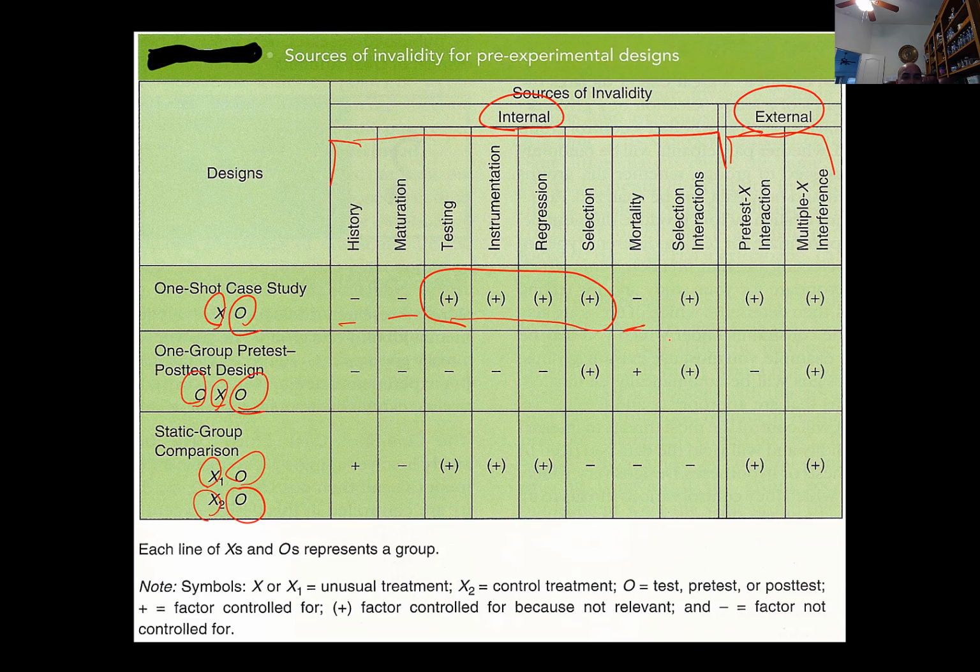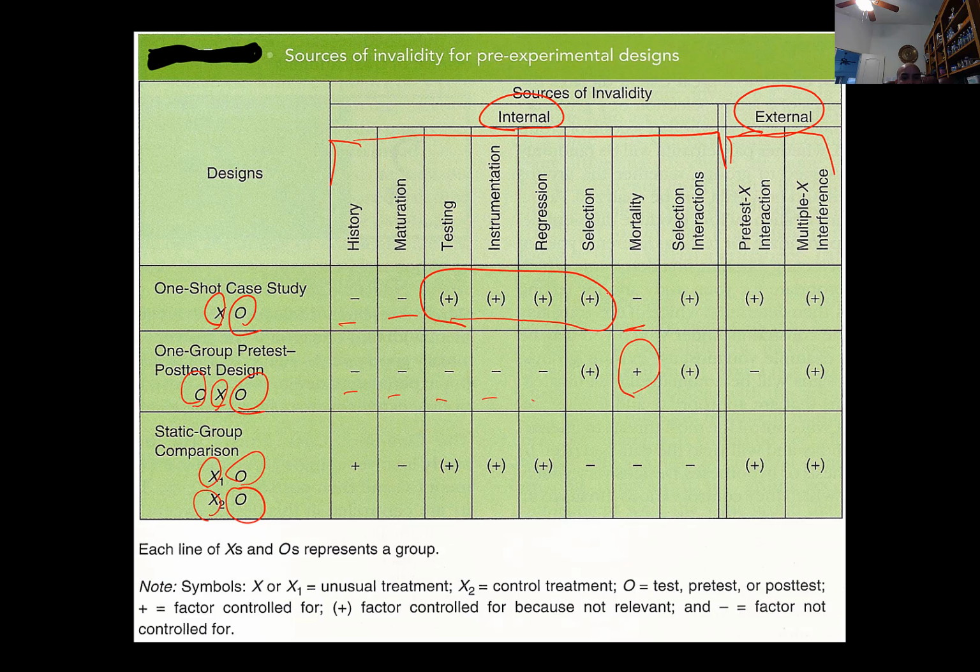This one here, which would seem like it's a little bit more of a complex design, is going to control for a lot less things, right? So it does control for maturation, but it doesn't control for history, maturation, testing, instrumentation, and regression. This one here would be, so obviously this one's optimal when you're controlling for a lot of things.